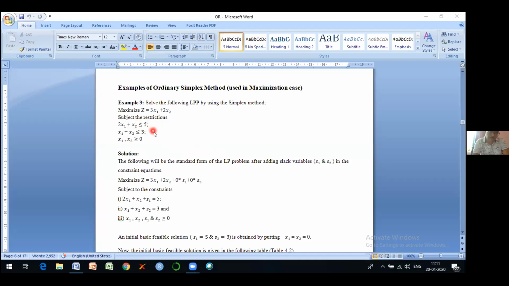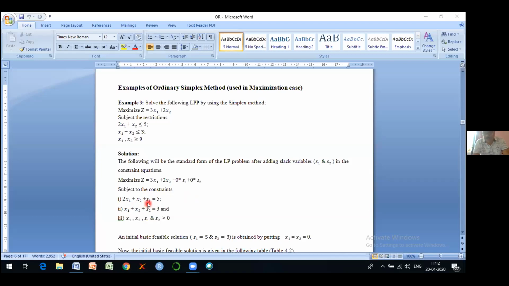So what number are we taking into consideration? We are taking another variable, and which is a positive variable. So here we have written 2x1 plus x2 plus s1. So s1 is a positive number.